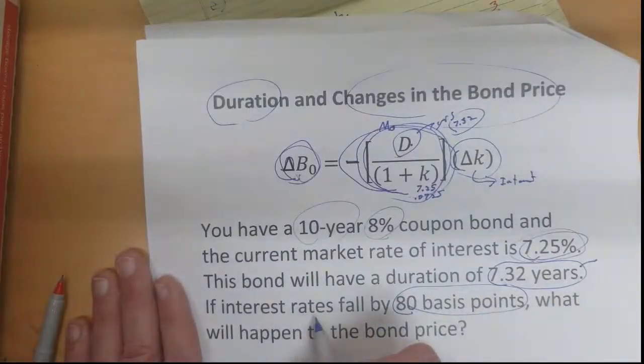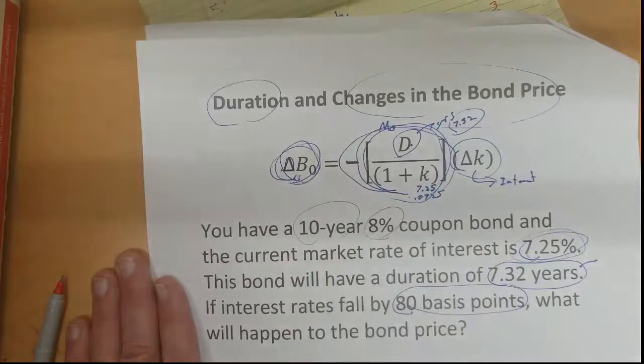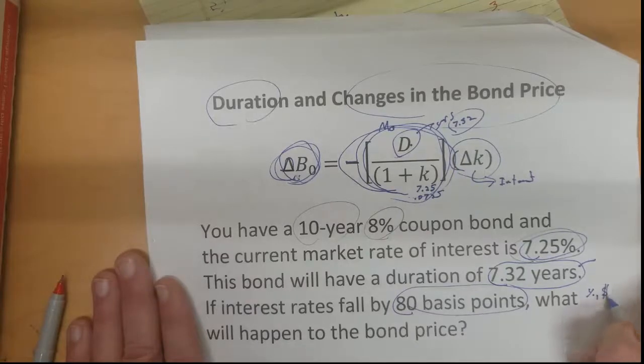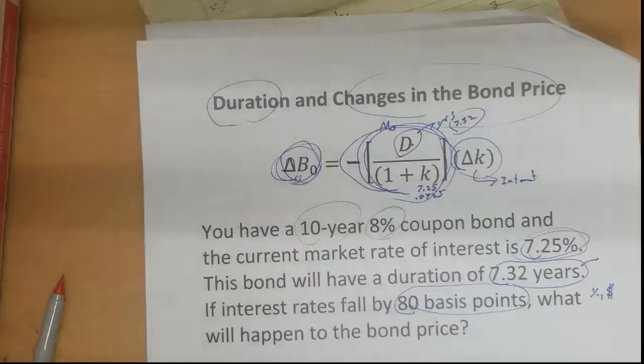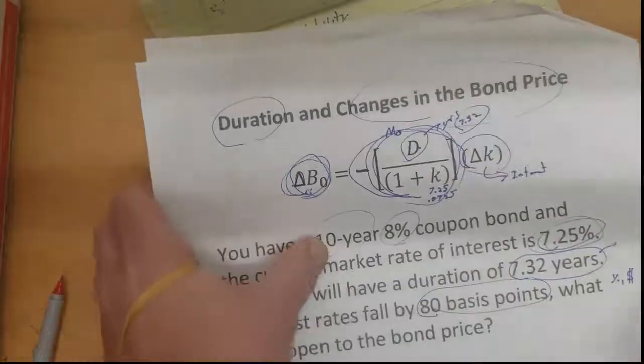If the interest rate falls by 0.80, wouldn't we expect the change in the bond price to be positive and to increase? This looks at the change in the bond price in terms of percent and also in dollars. I'm giving you this formula because I don't think the book does a very good job of explaining it. What will happen to the bond price? Let's check it out.